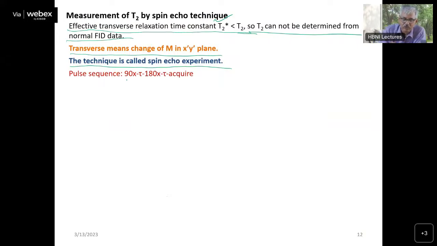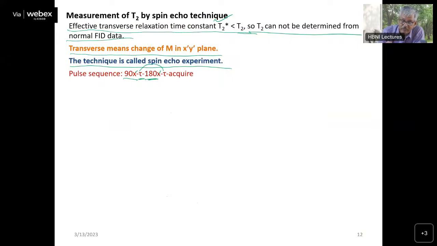We are using a 90-degree X pulse, and then you are giving a delay time, tau, that is variable, and then a 180 x pulse. X means we are using the x-axis; this will actually be x prime, because we are using the rotating frame. So we give a pulse along the x-axis, 90 degrees, followed by a delay tau, followed by a 180-degree pulse, and then another delay.